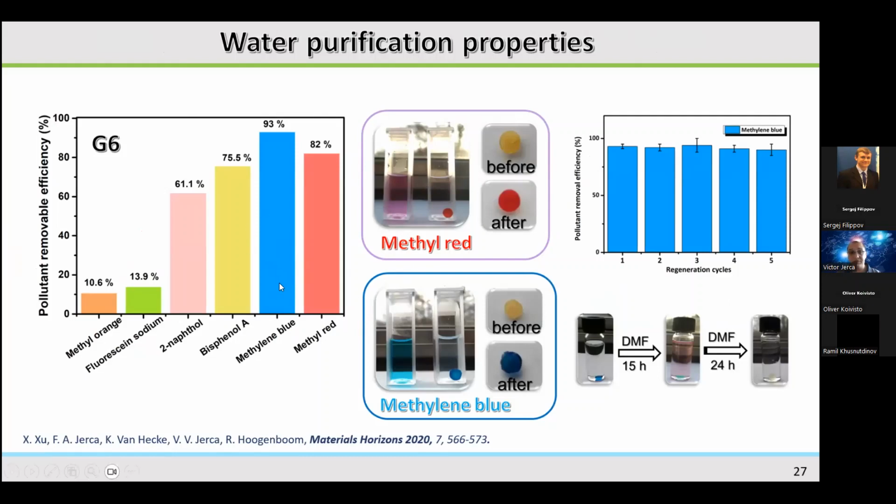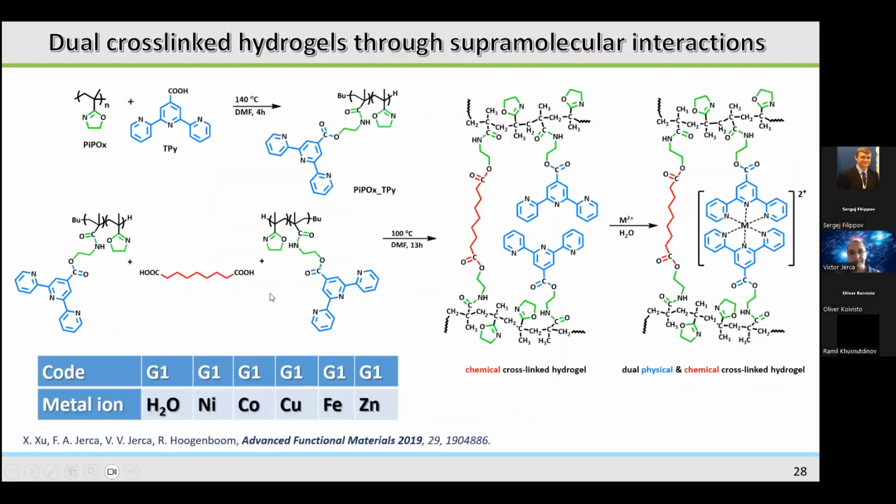As you can see, we have a very good efficiency for methyl red, methylene blue, and bisphenol A, and we can repeat this regeneration cycle many times. We do this by washing with DMF, which removes the trapped dye, and then we can reuse the hydrogel again.